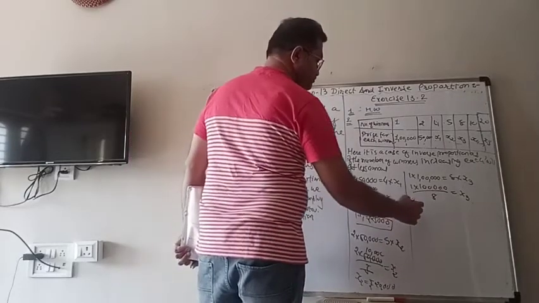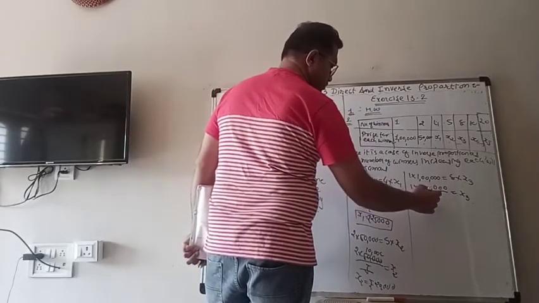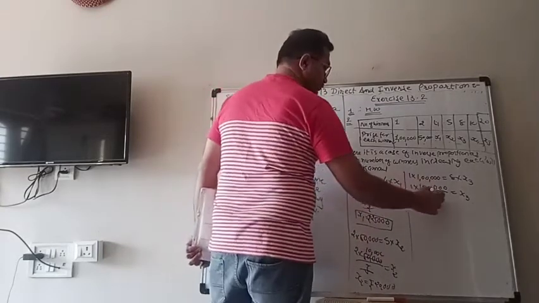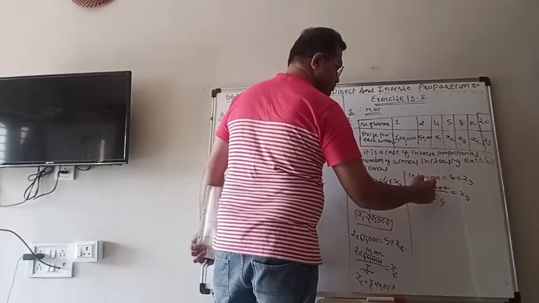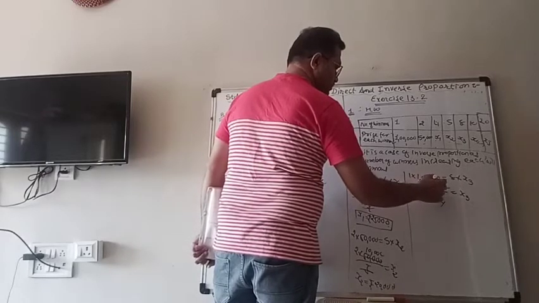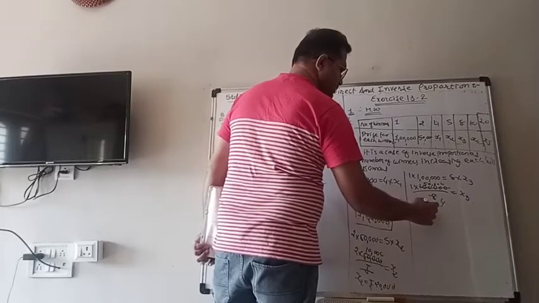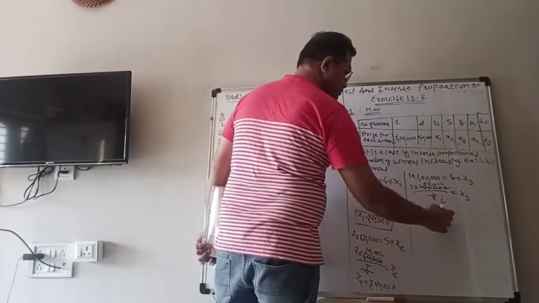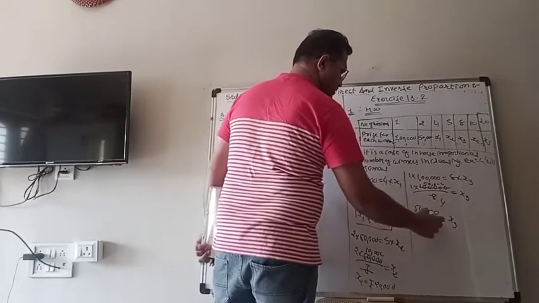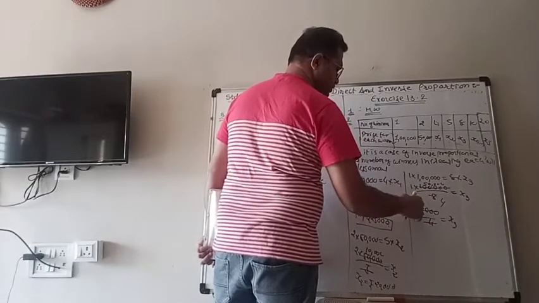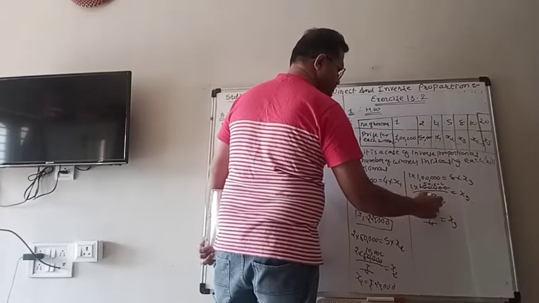So now, four 2s are 8, so 50,000 divided by 4, means x3 will be 4 1s are 4, 4 2s are 8, 4 5s are 20.